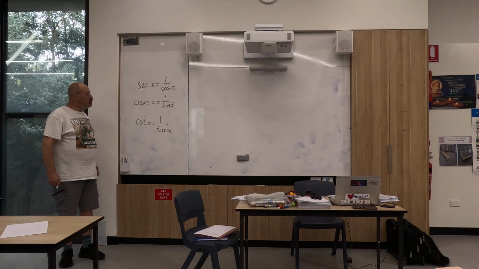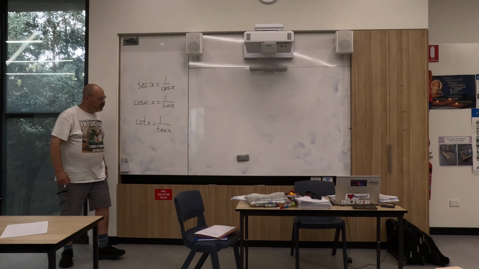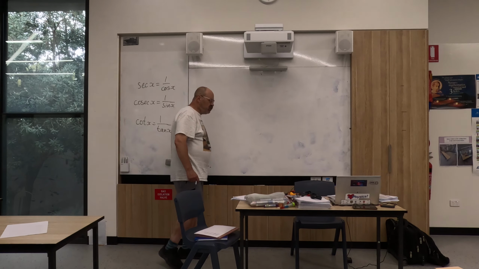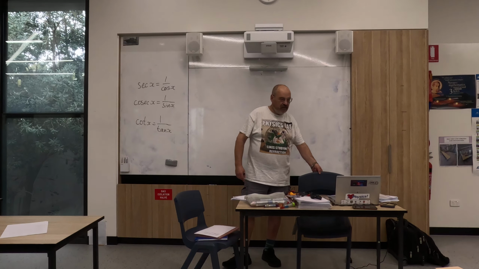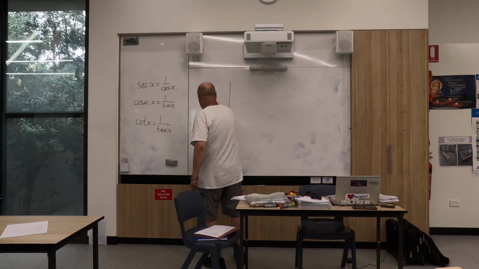And let's sketch the graph of secant x. How were we sketching the graphs of the reciprocal functions? What were we starting from? We sketch the original function. So let's start from sketching cos x.